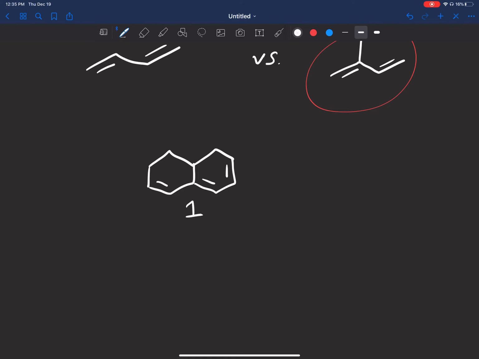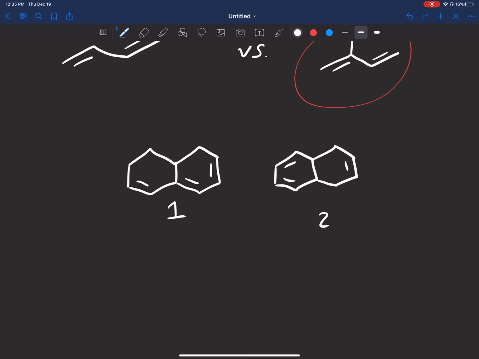This is compound 1 now. And here's compound 2. So the statement was compound 2 absorbs light of a longer wavelength than compound 1. Okay? Is this true or false?